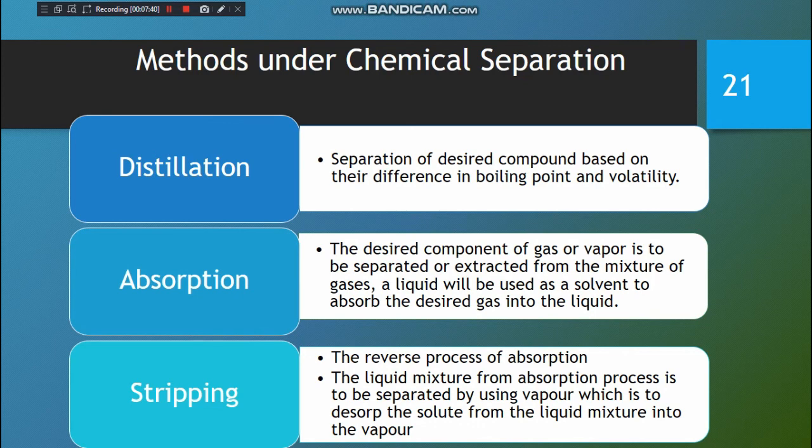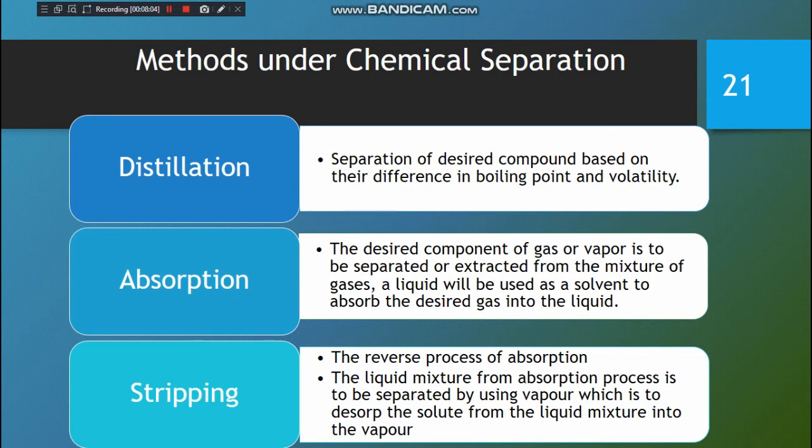And the last one for gas absorption is the stripping process, which is the reversible process of gas absorption. The reverse of gas absorption, we call it stripping or desorption, and the same theories and basic principles hold as in the absorption process.